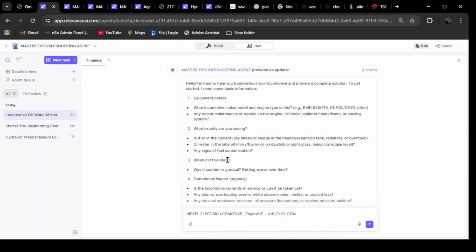Fuel contaminated with water. So I'm answering one of these. If there's any signs of fuel contamination. When did it start? Started the last trip of travel.